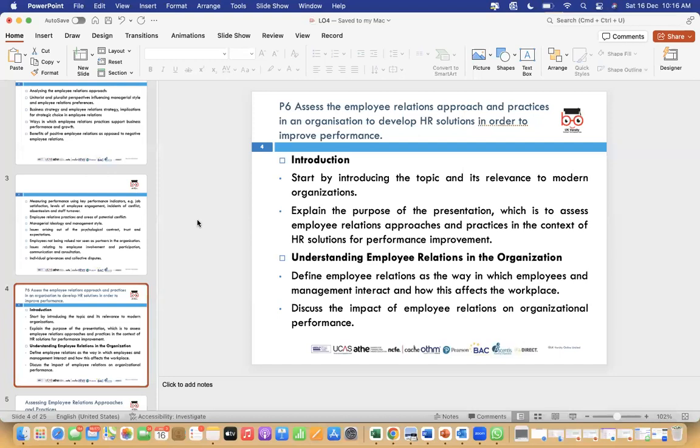Whereas, as we spoke about before, if they're in a place where they're not valued that well, then why would someone want to push through? That's how employee relations make such a huge impact on the organization's performance.